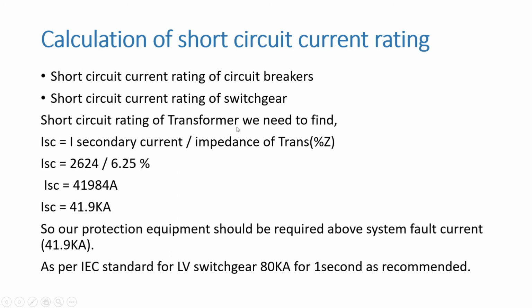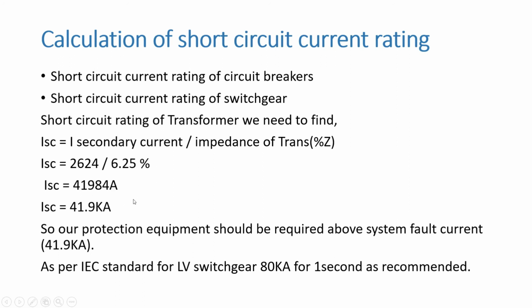For this, you have to use this formula: short circuit rating ISC equals transformer secondary full load current divided by impedance of the transformer. We know the transformer secondary full load current is 2624, divided by transformer impedance of 6.25%. Just do the calculation here, and you will get the short circuit current equal to 41,984 ampere.